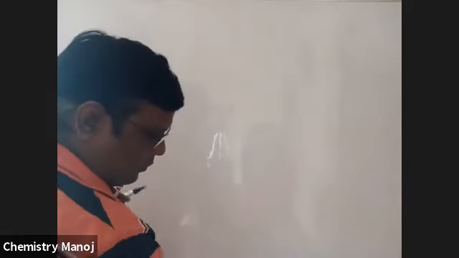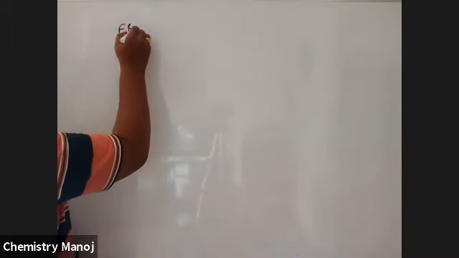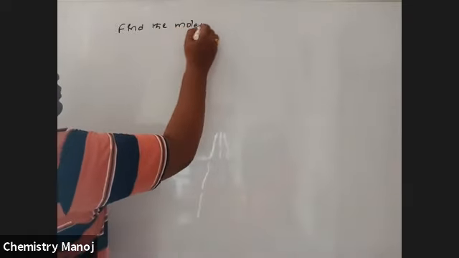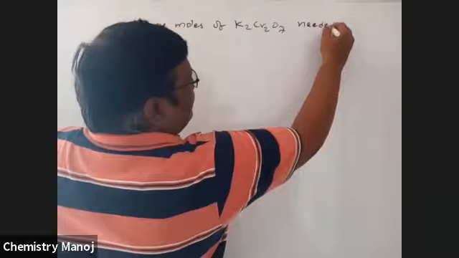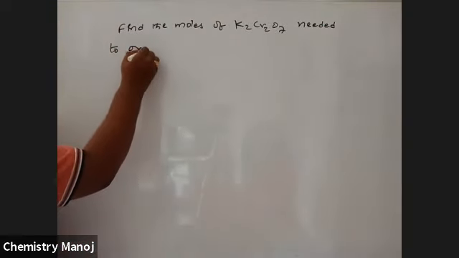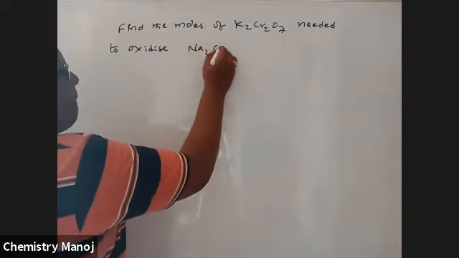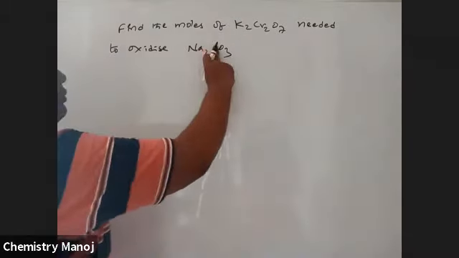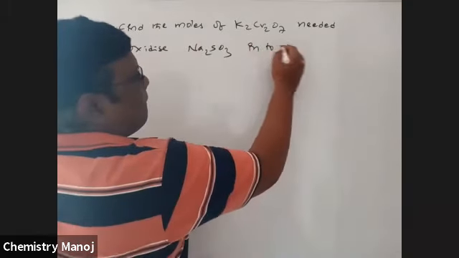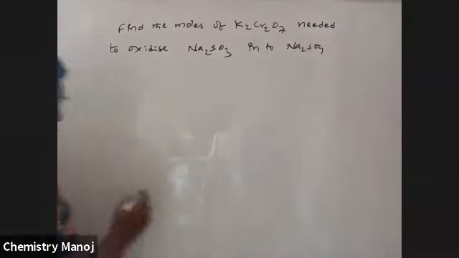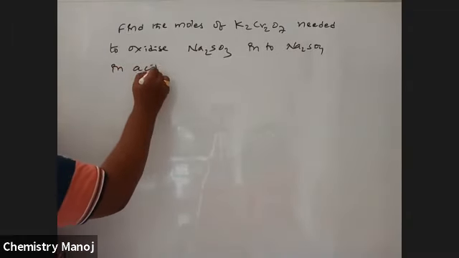See the problem. Find the moles of K2Cr2O7 needed to oxidize Na2SO3 into Na2SO4 in acidic medium.